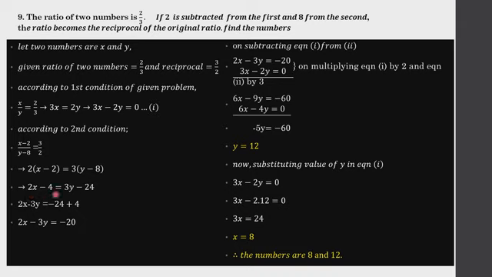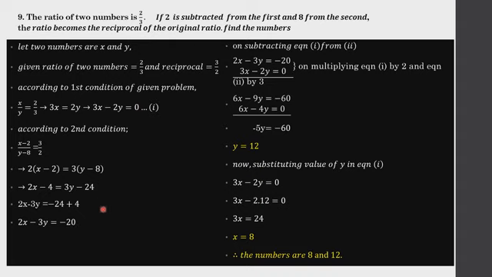So you get 2x minus 4 equal to 3y minus 24, and then 2x minus 3y equal to minus 24 plus 4. So your second equation is 2x minus 3y is equal to minus 20. This is how we have formed the two equations according to the conditions given.